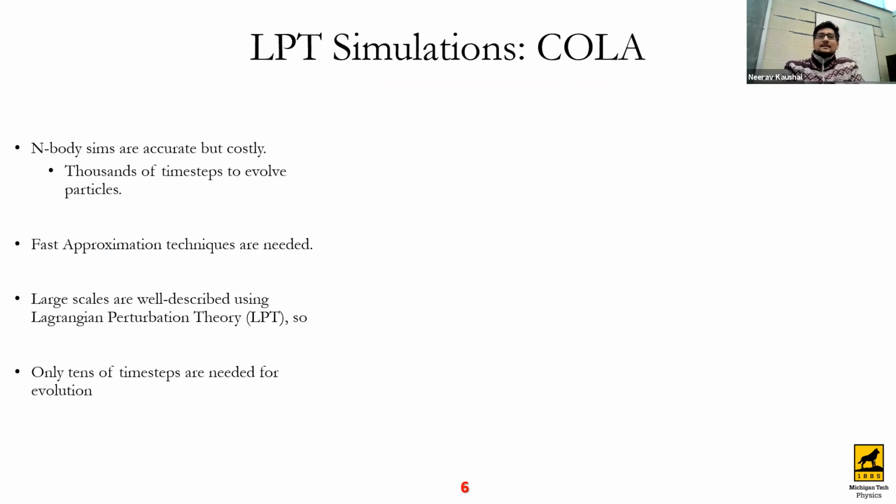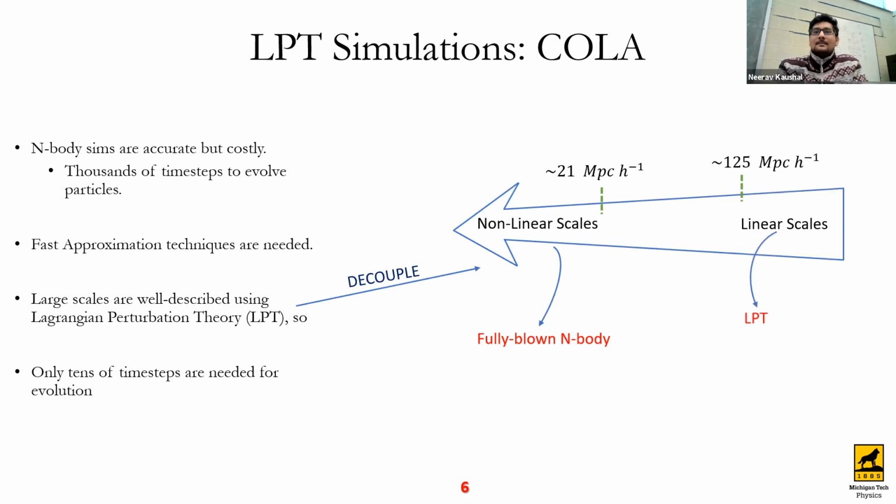So n-body sims are accurate, but as I said, they're highly costly. The reason is they consist of thousands of time steps to evolve the particles. So we need some fast approximation techniques. We also know that Lagrangian perturbation theory is highly effective in emulating the large scales. So next, what we do is we decouple our scales.